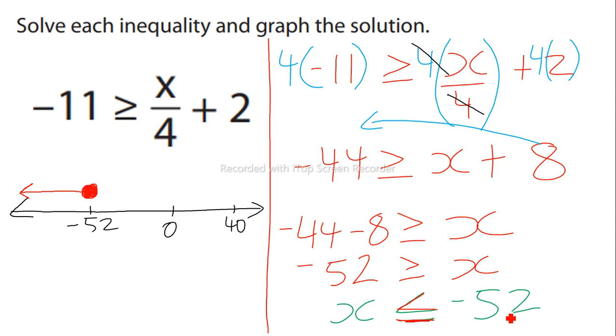So you will have a negative x on one side, and on the other side you'll have positive 44 plus 8, that'll give you 52. But then on the other side you'll have negative x. So you'll have to divide both sides by negative 1, and then you'll switch the sign, and you'll still end up with x is less than negative 52.